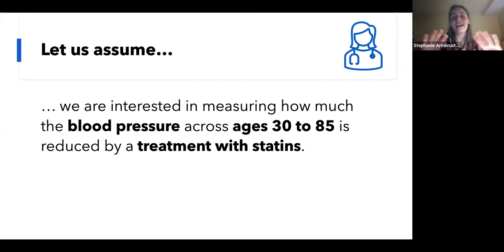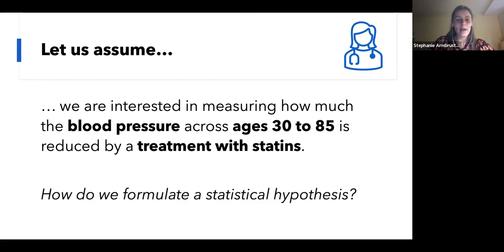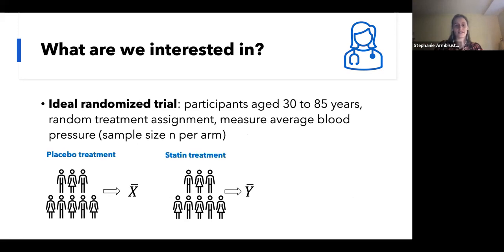But the example might not make much sense to you, because of how blood pressure actually behaves, but just bear with me, it's a theoretical example by someone who does not have much knowledge. Perfect. And so this is our scientific medical question, and now the big question is, how do we go from this expert knowledge to a statistical hypothesis?